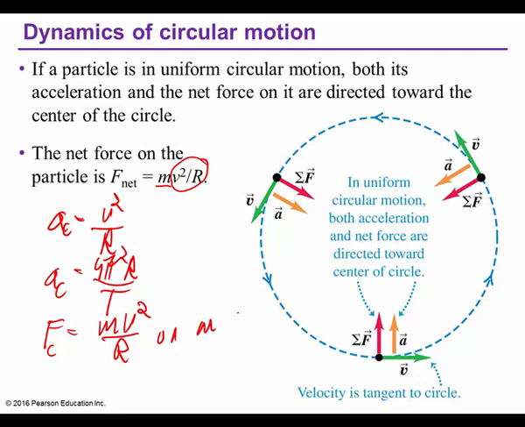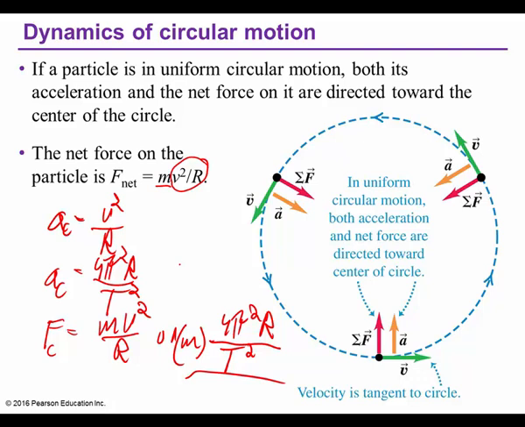Mass times 4 pi squared R over, oh, I forgot something, y'all. T squared. Yeah. And we can actually do this, and probably should, just to keep everything straight mathematically. So we could find centripetal force using this equation. Just multiply the centripetal acceleration times the mass.